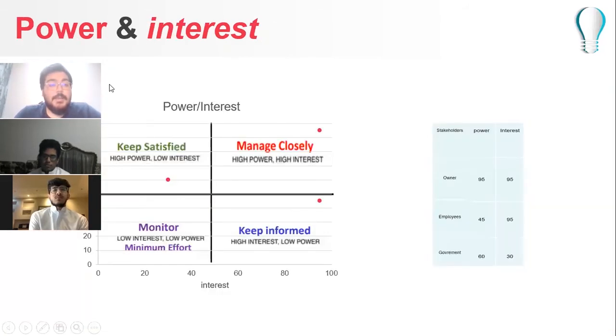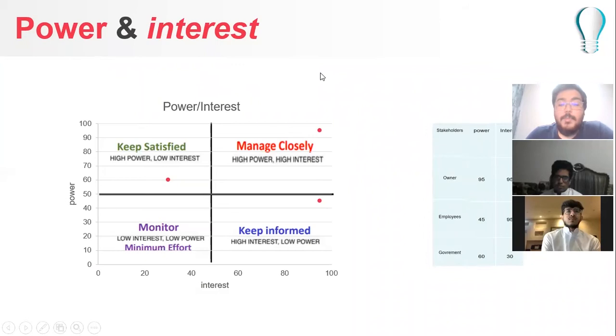Then we made the PMP chart. The PMP says that you have to make a chart which represents the relation between the power and the interest of the stakeholders that you have in your project. For example, here the chart is represented by the power and interest. As you see here, the owner has 95 power and 95 interest, which will be here, which means he has high power and high interest.